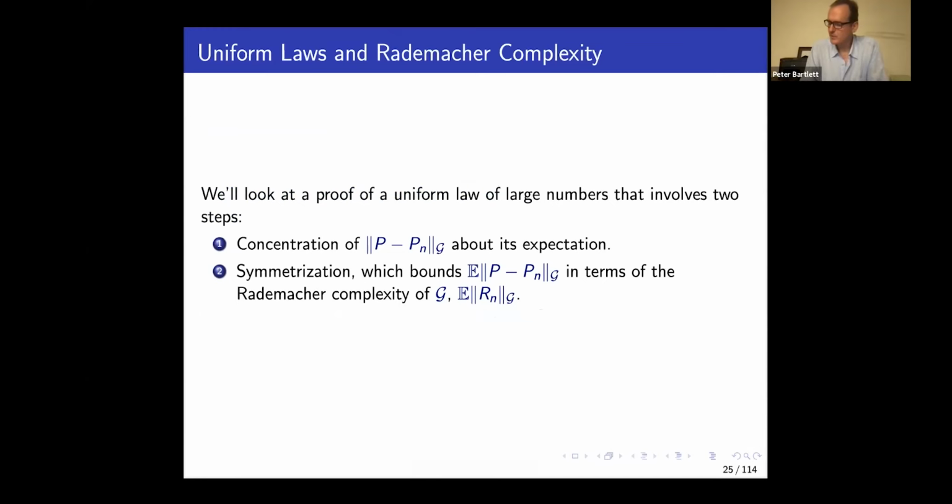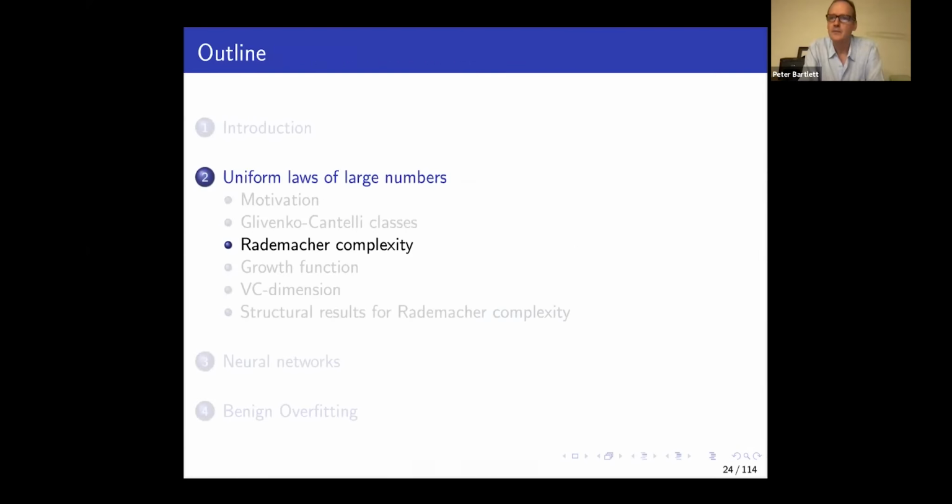I wonder if this would be a good point to take a short break. Maybe just a 5-minute break, so people get a little chance. Are there any questions about the idea of uniform laws of large numbers, and where we're going with the rest of this section?